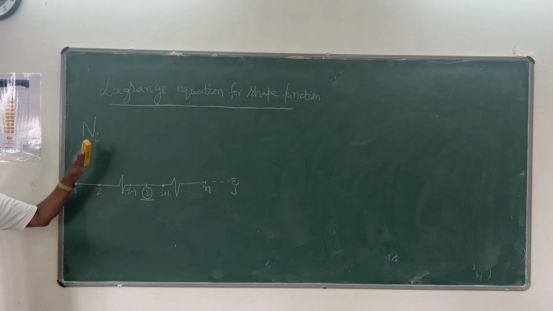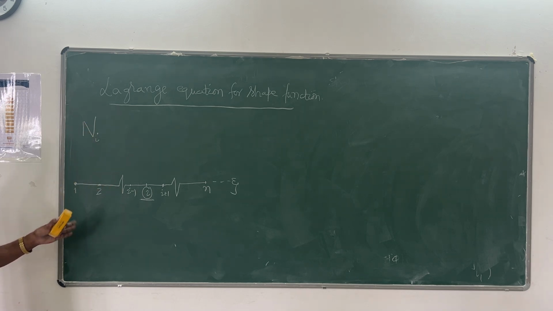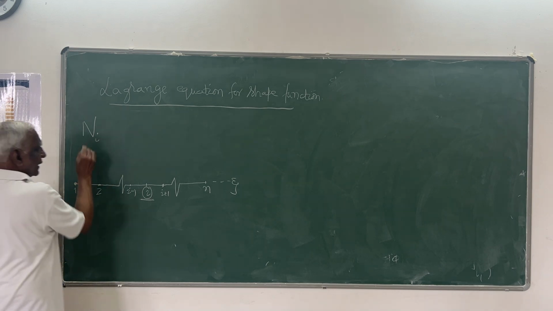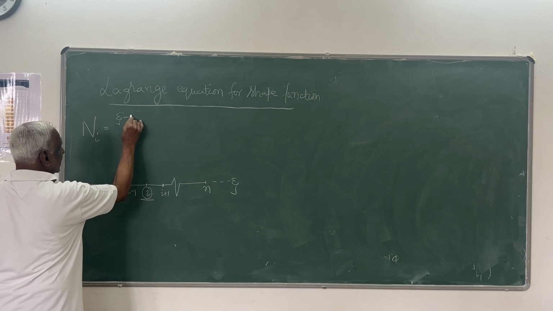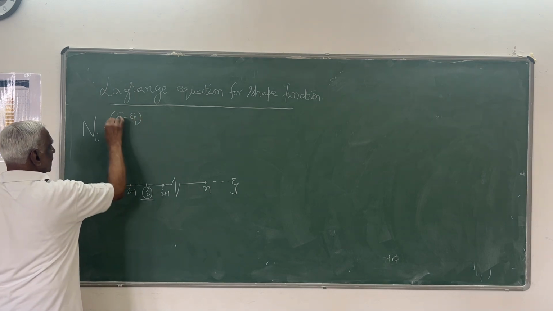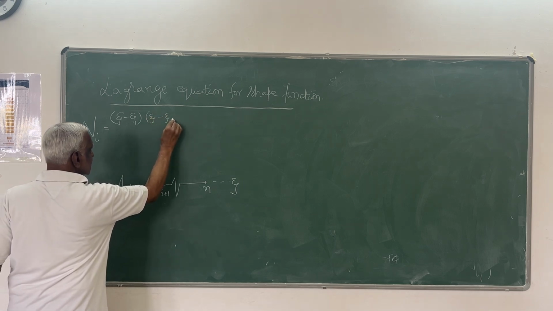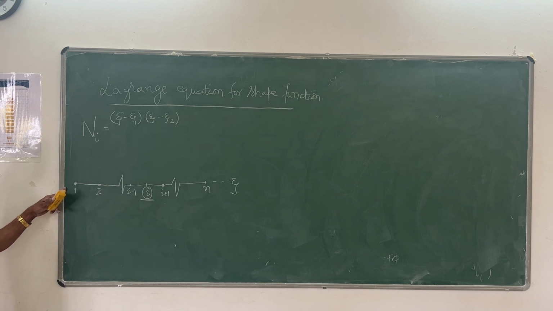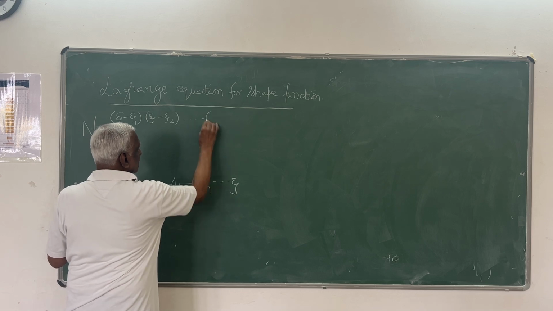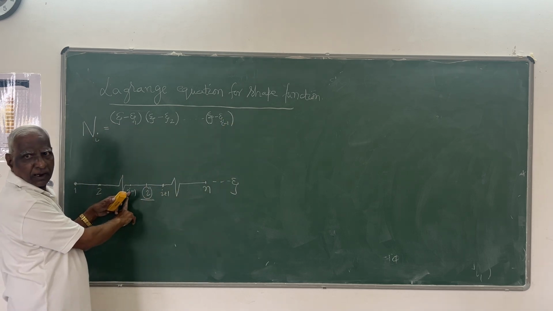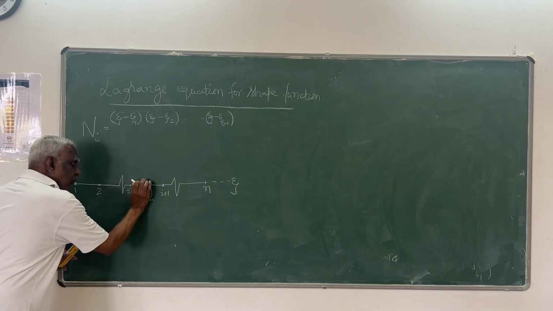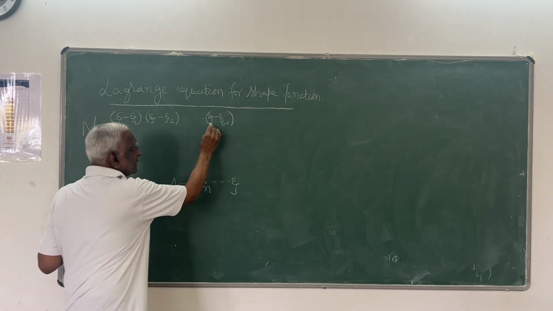So the shape function N at any point i is given by psi minus psi 1 into psi minus psi 2, where psi 1 is the natural coordinate of node 1 and psi 2 is the natural coordinate of node 2, like that, up to psi minus psi (i minus 1), all the other nodes, excluding the ith node.